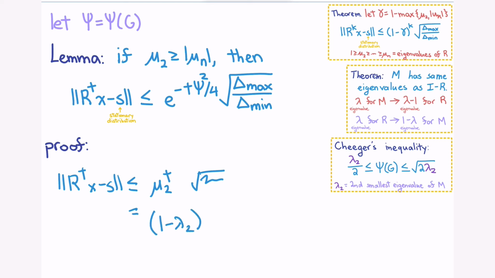Good. So that's mapping the second biggest eigenvalue of the random walk to the second smallest eigenvalue of M. Okay. I still need to somehow get the conductance into the picture.